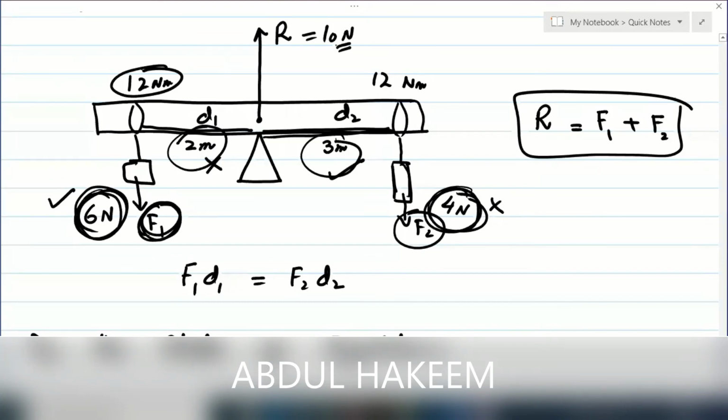So in the state of equilibrium, if the forces are parallel to each other, then the sum of upward forces must be equal to the sum of downward forces. This is the only case when the forces are parallel, right? So this is 6, this is 4. So this pivot is exerting how much force? 10 Newton. Now it has clockwise turning effect. It has anti-clockwise turning effect, but the R has no turning effect. Reason, it is exerted at the pivot.